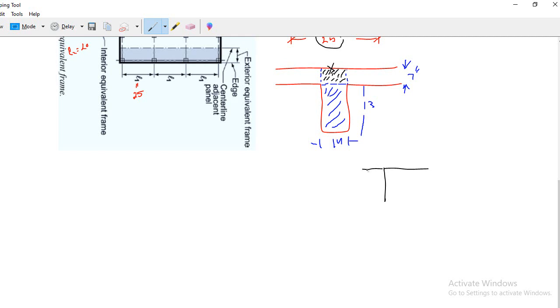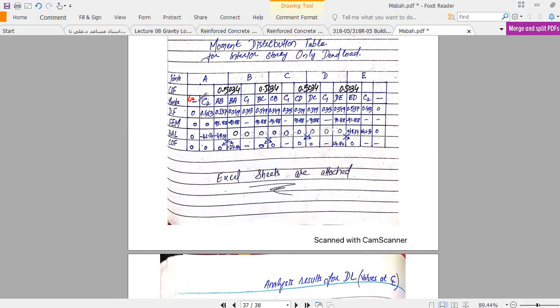If there is any cantilever, I will do one of the examples in which you will see this cantilever portion, and we will show that cantilever portion here by slab. But in this case, I am considering it as equal to 0, similarly to this side and this side.